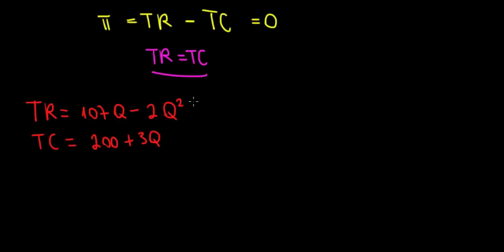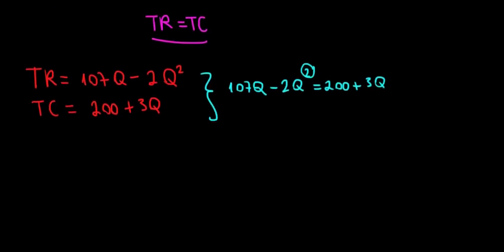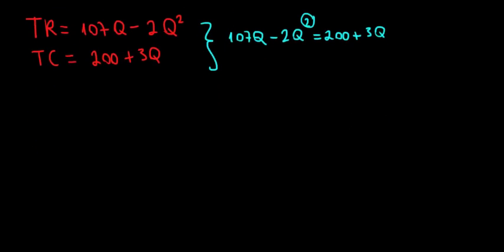Okay, so from here we can write that 107q minus 2q squared must equal 200 plus 3q. So how can we solve it? We have a quadratic term here, which means it would be nice to have it as a quadratic equation so we can solve it with delta. Let's take all the terms to the left and equal to 0.